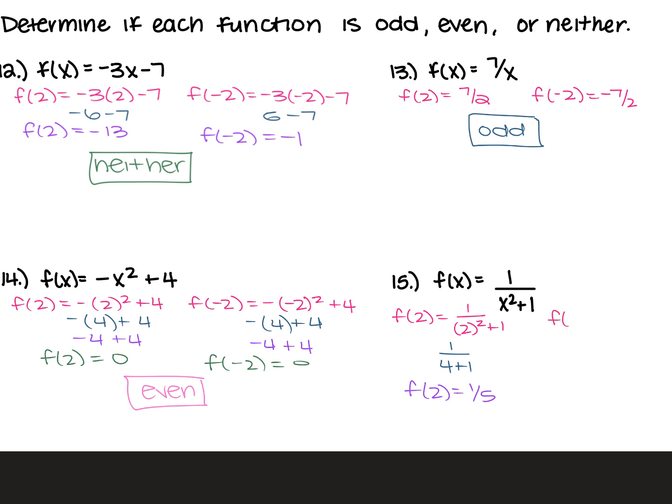If we find f of negative 2, that's going to be 1 over negative 2 squared plus 1, which is 1 over 4 plus 1, which is also 1 over 5. Since these two are identical to one another, this is even as well.